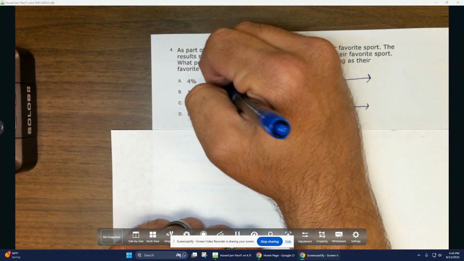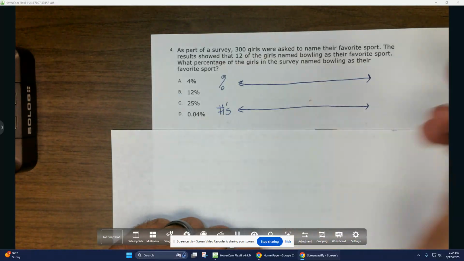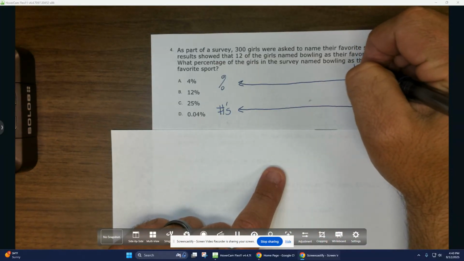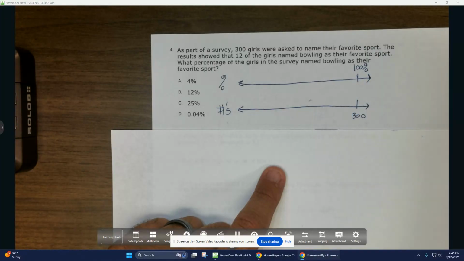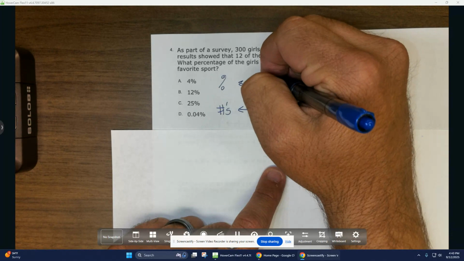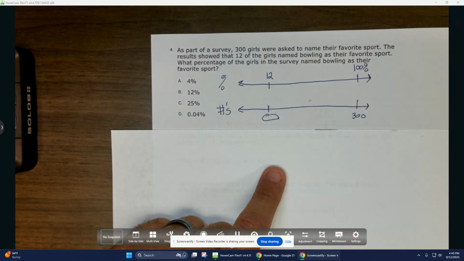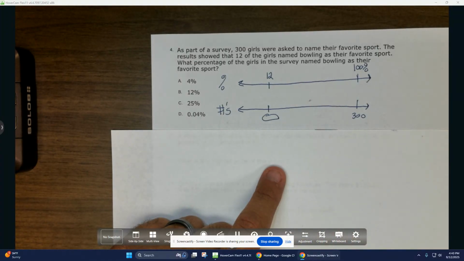All right, here we are. So it says there are 300 girls. So 100% represents 300 girls. We want to know what percent is 12. Again, guys, first thing, look for a scale factor. Can 12 go into 100 evenly without a decimal?